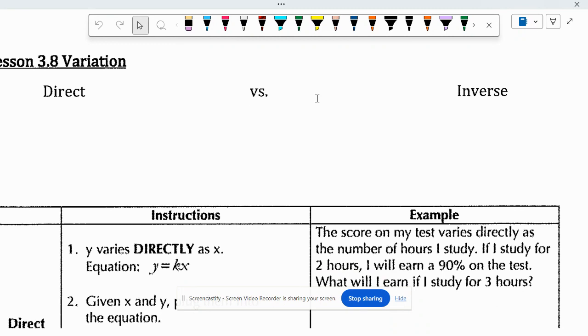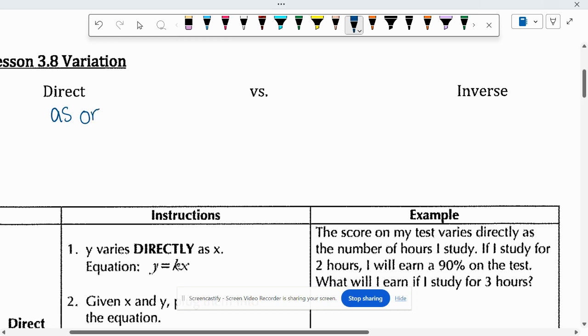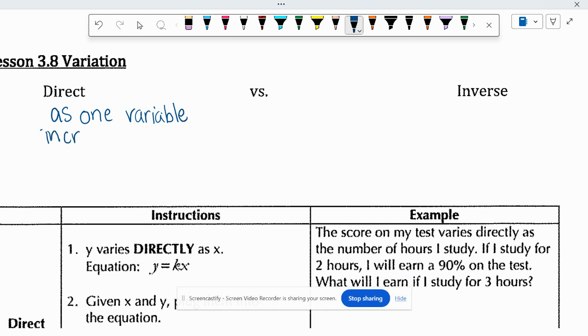Thank you. So when we talk about direct variation, all that means is as one variable increases, the other variable increases.